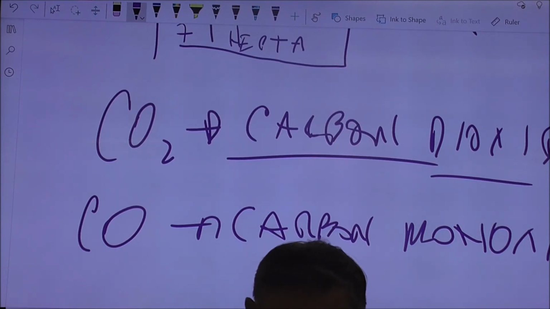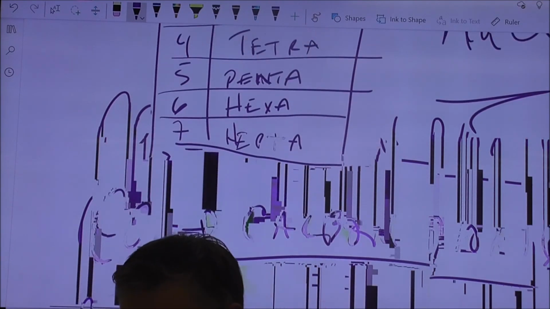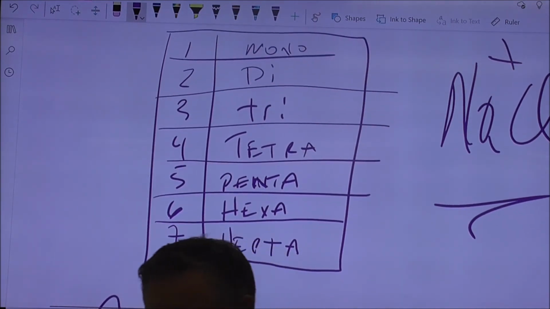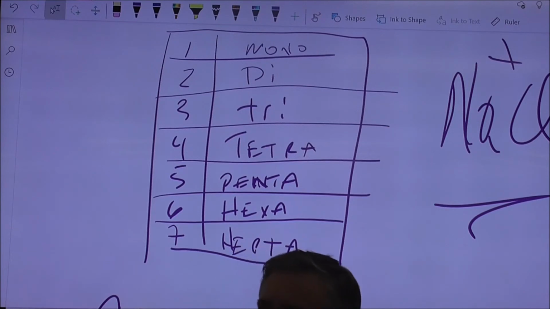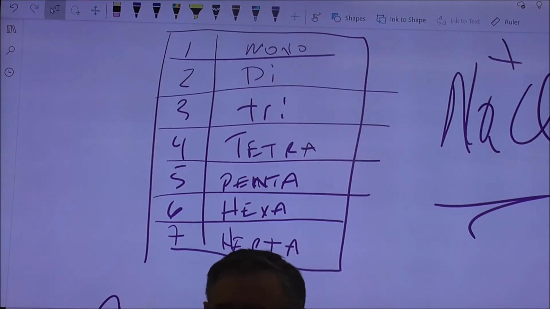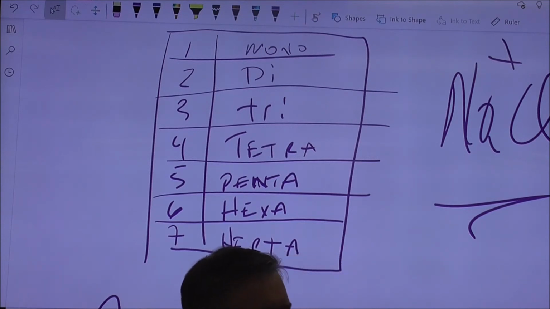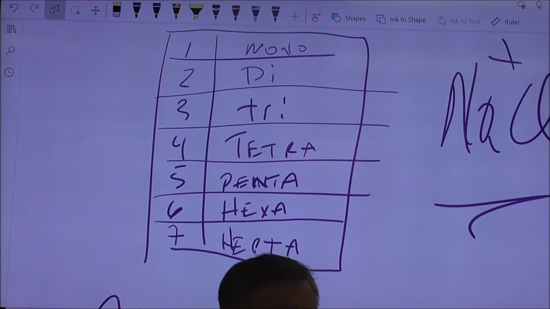So what we did, and this is what's on page 13, these prefixes are also listed on this flow chart that I gave you, because some people like a visual organization. It takes you through and says, how am I going to name this thing? The first decision you need to make is: is the first element a metal?